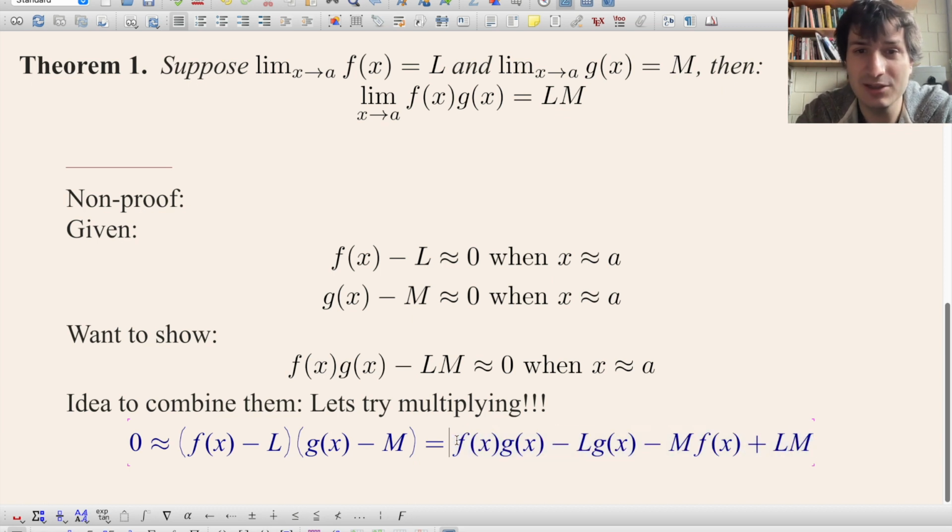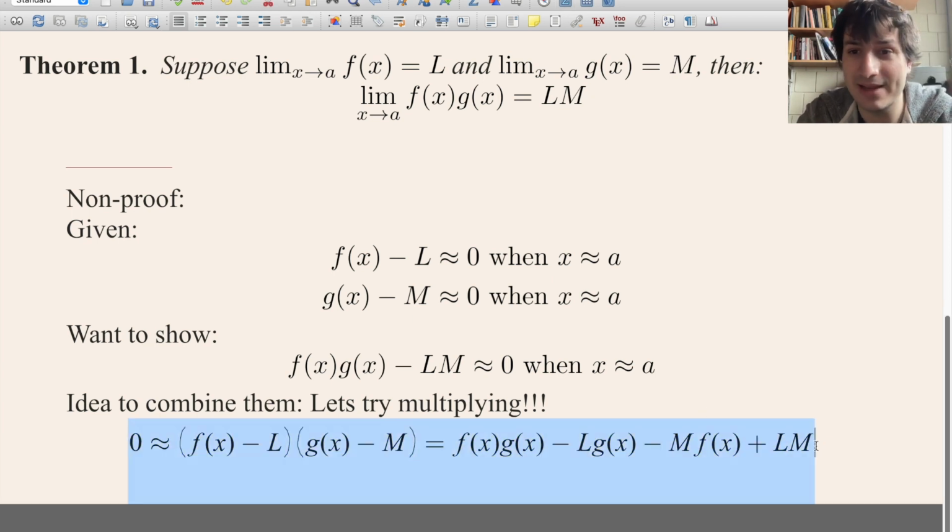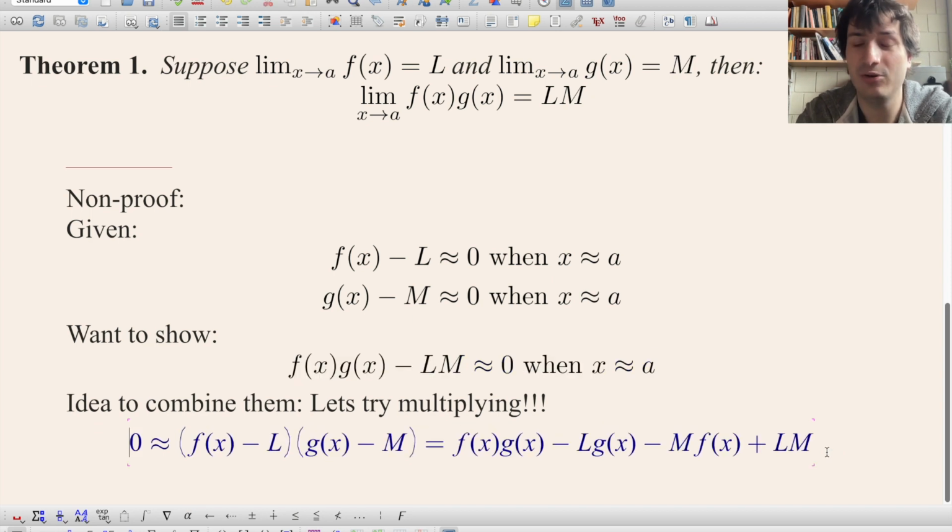And this nice expansion has an f and a g, which is what we want. It's got an L and an m, which is close to what we want. It's with a plus; we wanted a minus. So how can we do this? I think the secret is to look at this f and this g and figure out what those are close to.